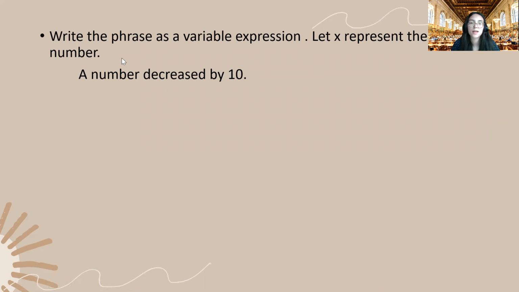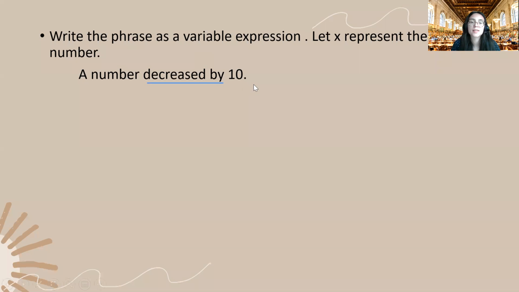Moving on, again, we're asked to write the phrase as a variable expression and to let x represent the number. So we have a number decreased by 10. So I am immediately noticing decreased by, and remember, where did we see decreased by? We saw it in subtraction.